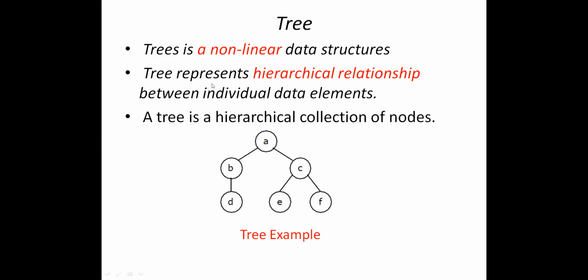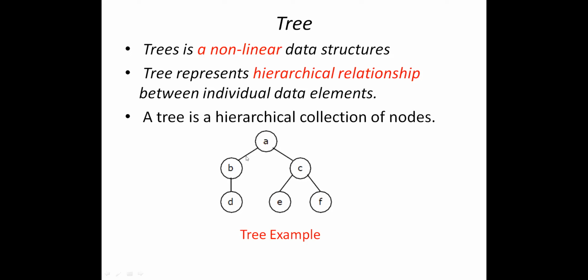Tree represents hierarchical relationship. That's what I said: one node will have some relationship to the other node. For example, when you take this B node, we call this hierarchical relationship a parent-child relationship. Here, when you take A and B, A is called the parent of B. So B is now called the child.